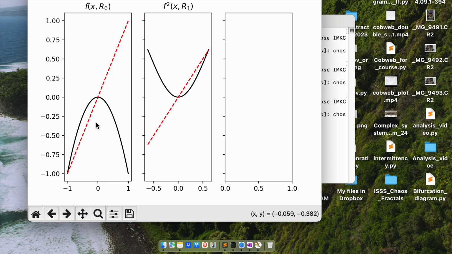So it is longer in the y direction, and it is also smaller in the x direction. You see that it is -1 to +1, here minus 0.05 to 0.5. So it is squeezed in x direction and y direction also, but it looks similar, just in the opposite sense.